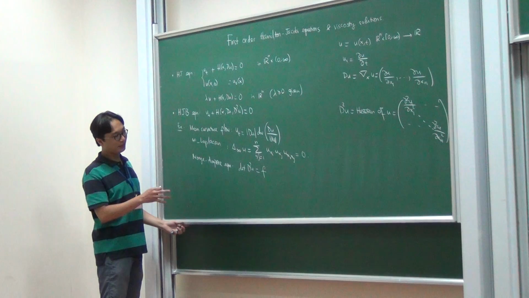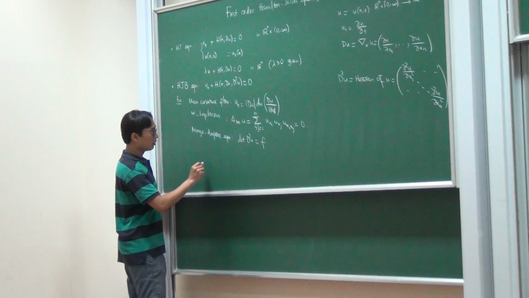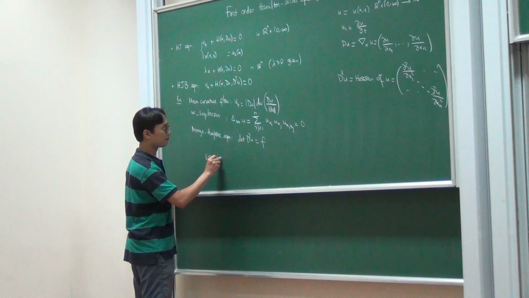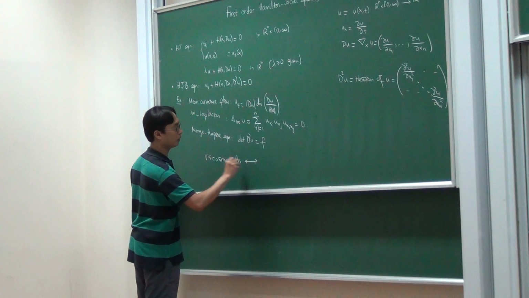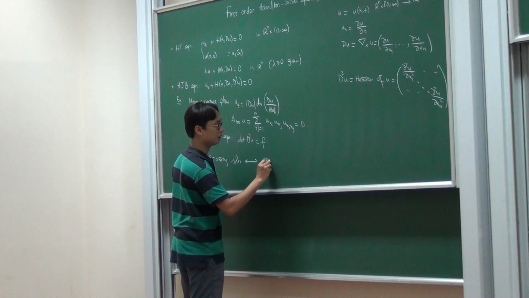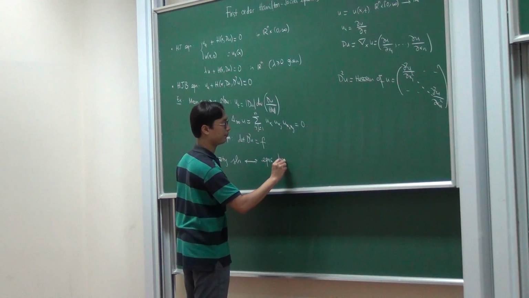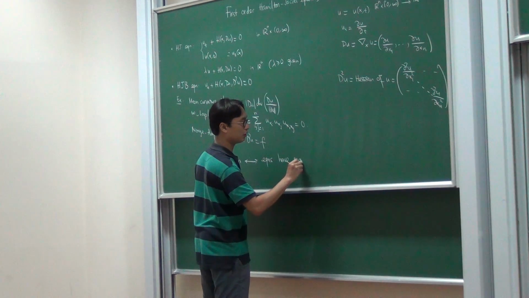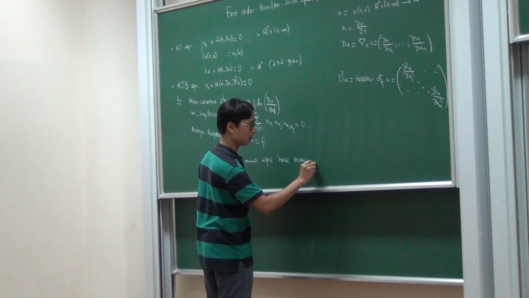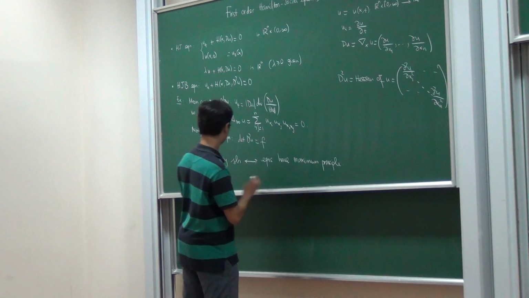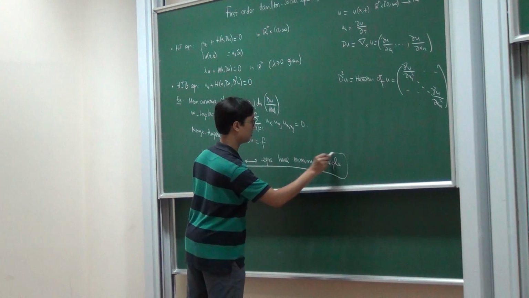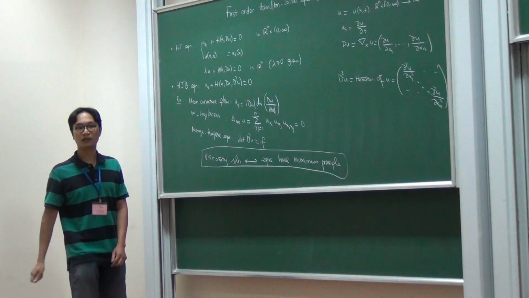But there is a kind of dictionary saying the following. Viscosity solution actually fits with equations that have a maximum principle. So this is a general kind of dictionary for us to use.